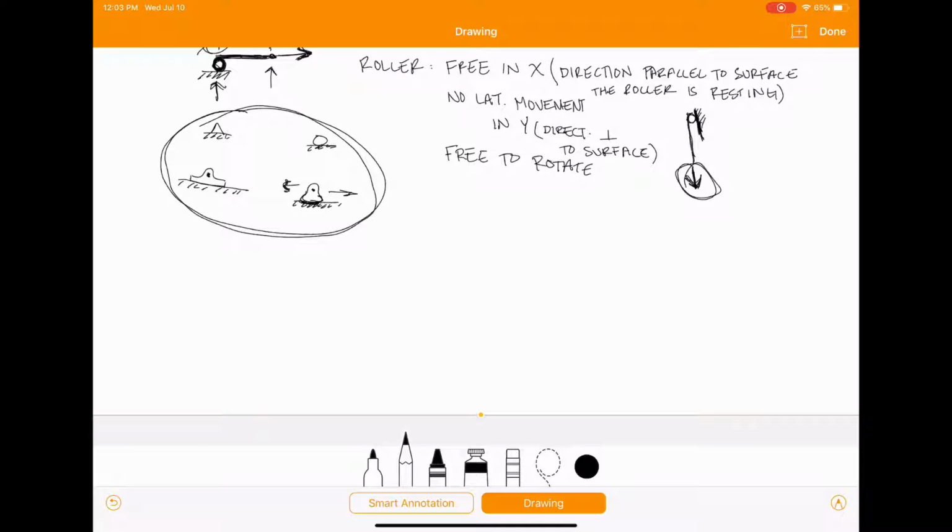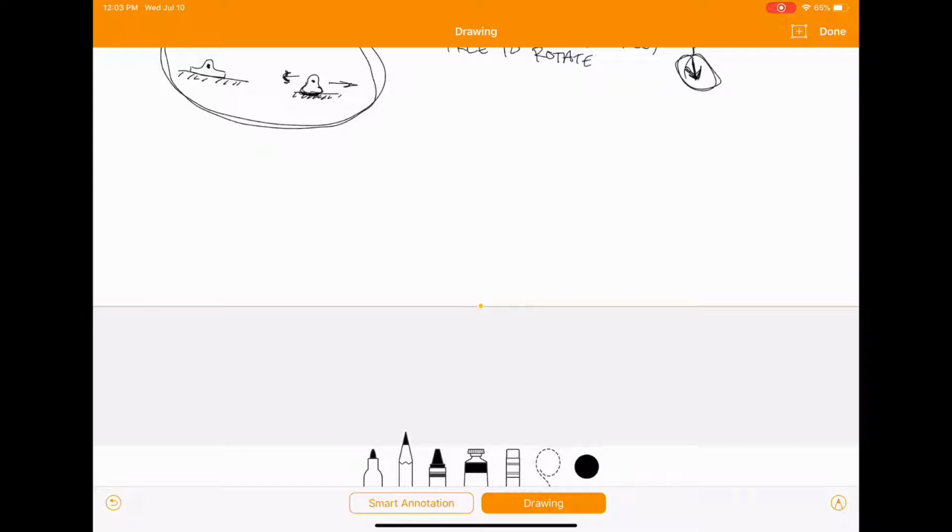Okay, so if we look at an example now, we'll just make this one really simple to begin with. So we have our simply supported beam. And let's just put a point load right in the middle. We'll say that's 10 pounds. We'll say this full length is 20 feet, so that's going to be 10 feet.